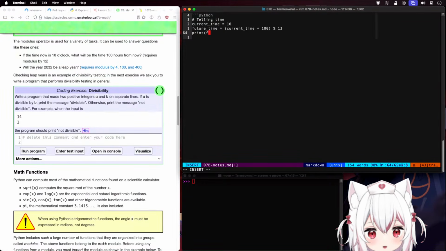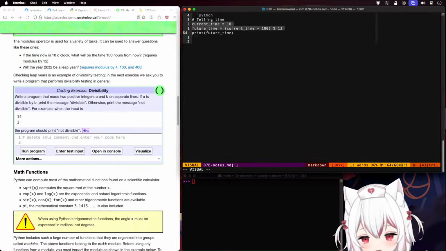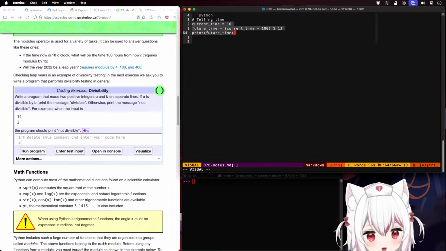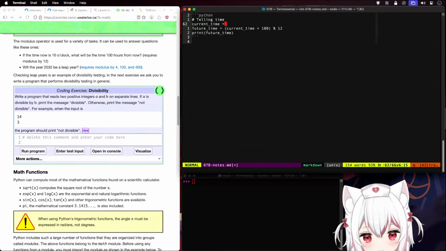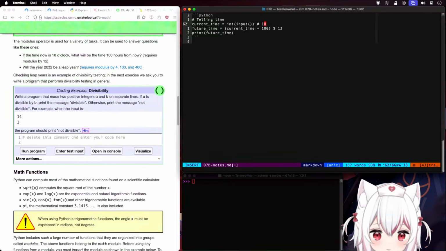Print. Let's see. Actually I want some input. We're gonna use 10 though.